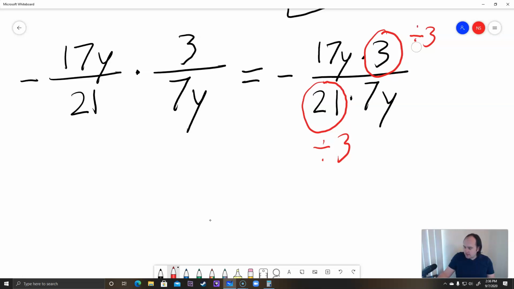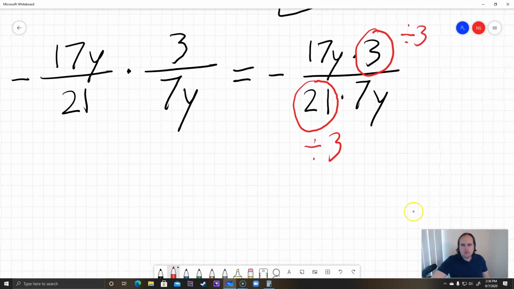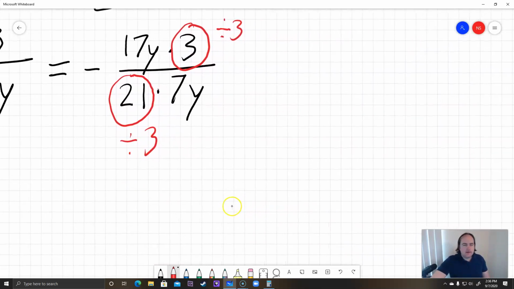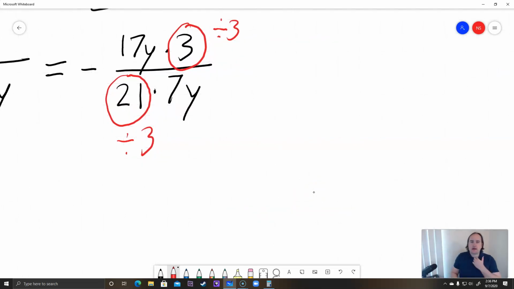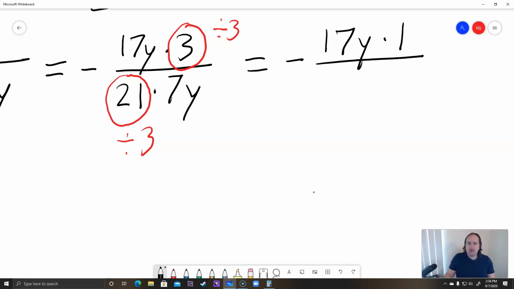Sorry, I'm having trouble with my pen right now. Okay, there we go. So on the top, 3 divided by 3 is 1. So we're going to have negative 17y times 1 on the top. And on the bottom, we know that 21 divided by 3 is 7, so we have 7 times 7y.